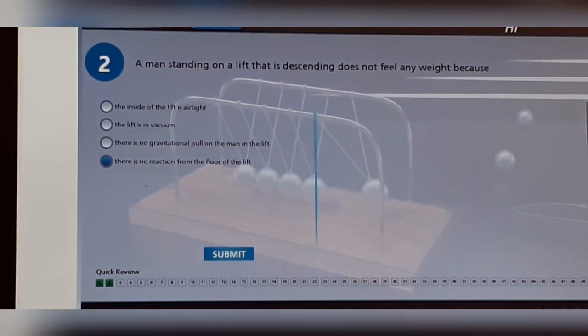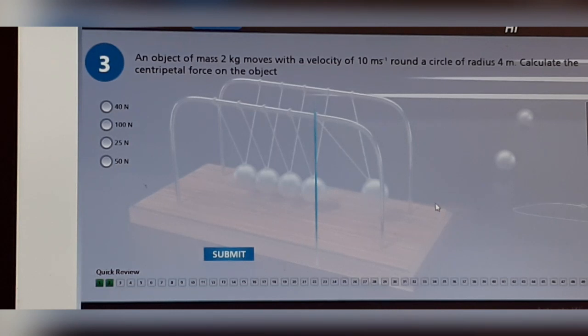In question 3, an object of mass 2 kilogram moves with a velocity of 10 meters per second round a circle of radius 4 meters. Calculate the centripetal force on the object.